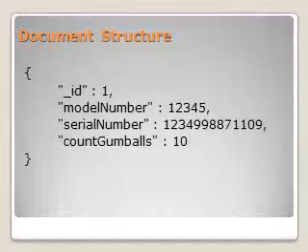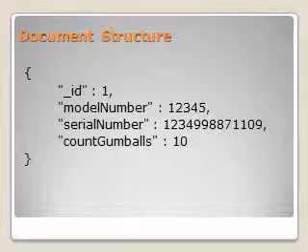From the front end, the request will come to Node.js, then to MongoDB, and after fetching the data, it will go back. On the second operation, when the user turns the crank, the request will come to Node.js and it will send a count update command to MongoDB, which will decrement the counter of gumballs from 10 minus 1 equal to 9, but it will not update the model number and serial number.